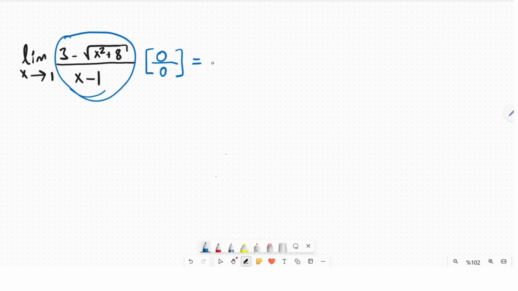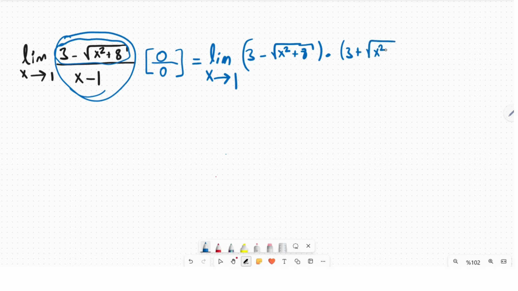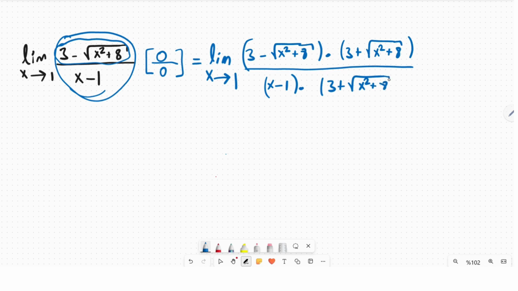To manage this, we do this manipulation, limit as x goes to 1, and consider the conjugate of the numerator, which is 3 plus square root of x squared plus 8, and 3 minus square root of x squared plus 8, and consider its conjugate, 3 plus square root of x squared plus 8, and over x minus 1 we have this, and we need to divide our expression by this conjugate in order to obtain an expression which is identical to the former one.